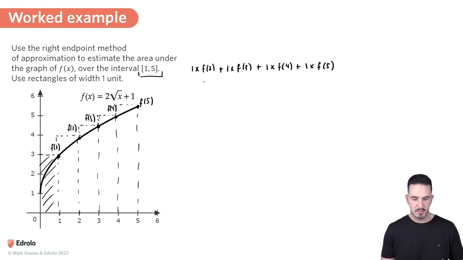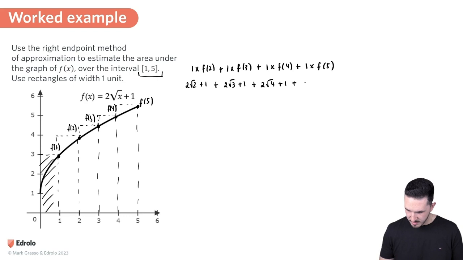For f of 2, we're going to substitute into f of x, which is 2 root x plus 1. So it becomes 2 root 2 plus 1, plus 2 root 3 plus 1, plus 2 root 4 plus 1, and finally plus 2 root 5 plus 1.